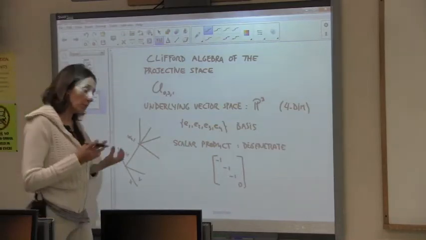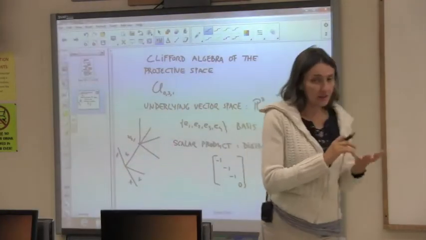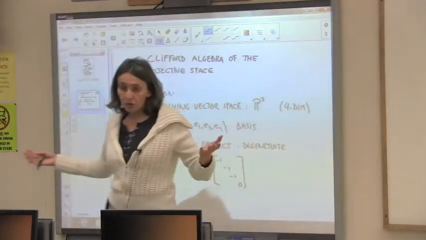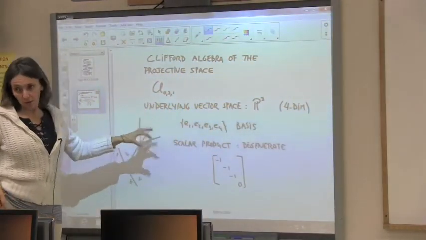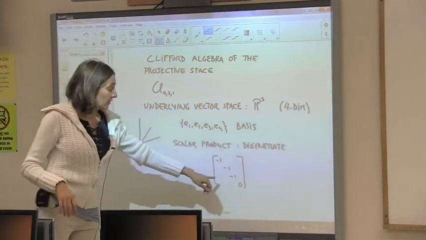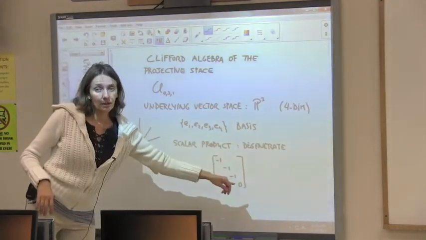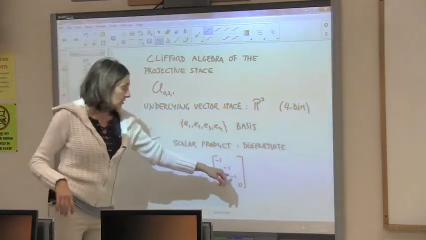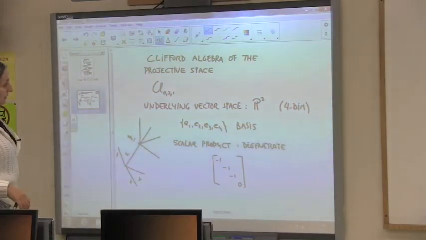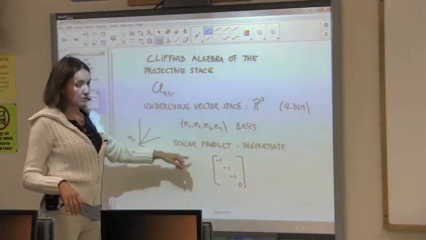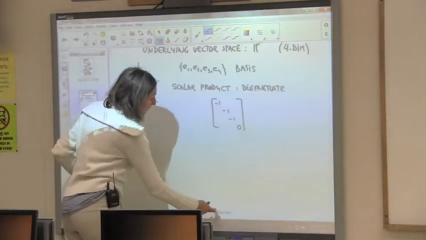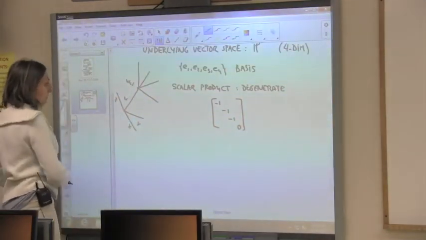Which means when we measure distances and angles using this matrix, the fourth component is going to go to 0, because we really want to measure in this 3D space, which is embedded in the 4D space. It's degenerate because it has zeros here. Many people don't like metrics with zeros here, but they exist too. So this is our space: 4-dimensional space with this degenerate matrix is what will create our Clifford algebra.